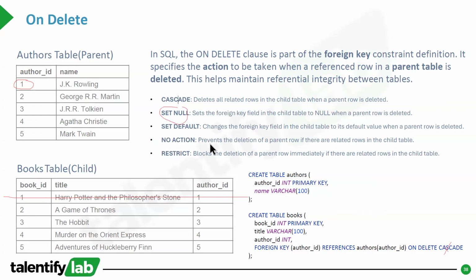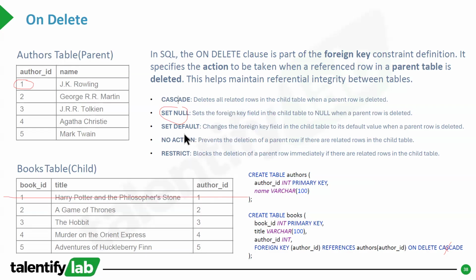No action means instead of cascade, if I add no action, it prevents the deletion of the parent row if there are related rows in the child table. So you cannot delete author ID 1 from here, because if we have 1 here, you cannot delete it. Okay.